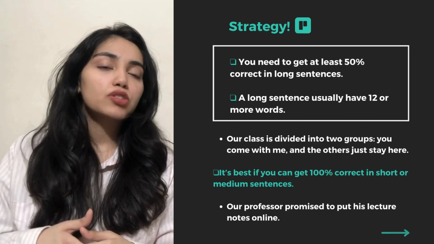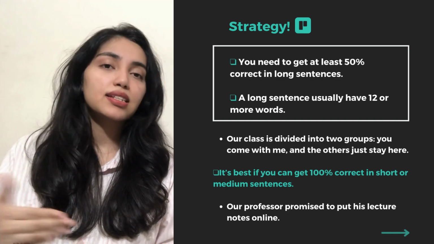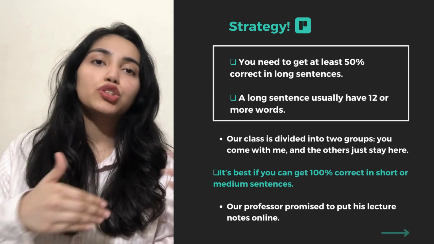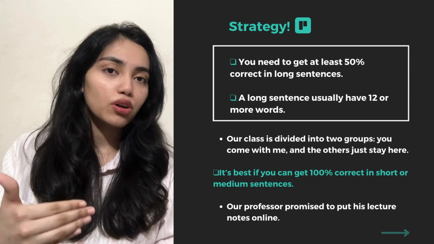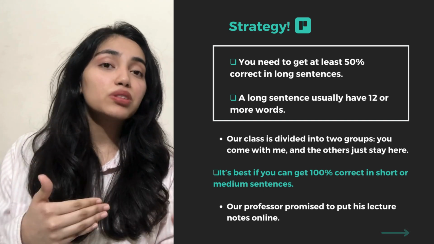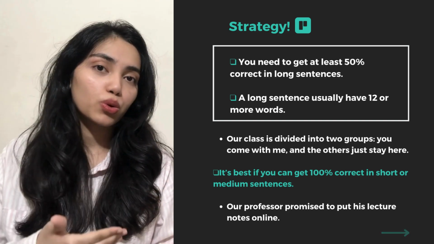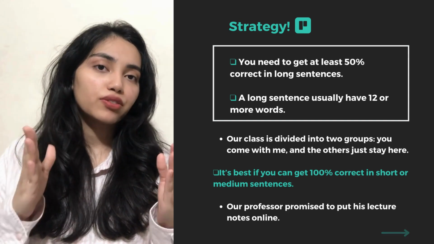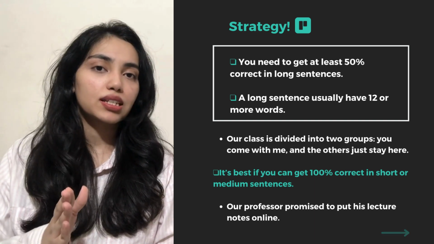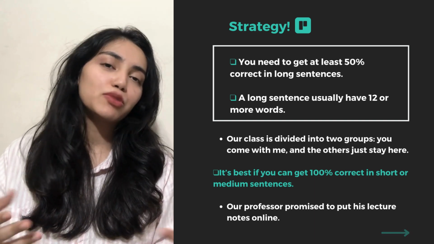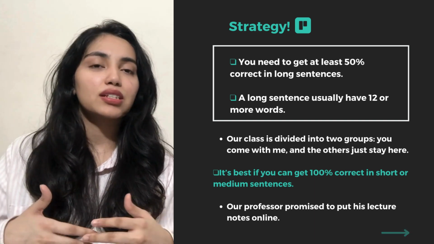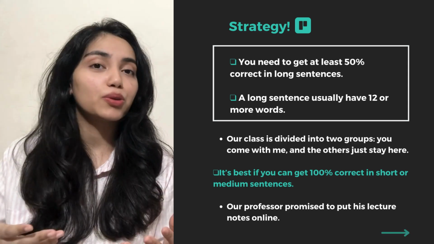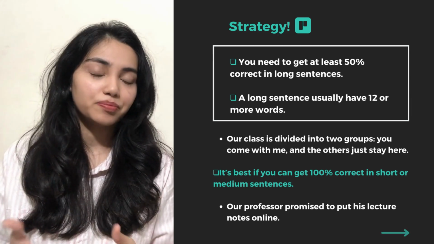Compared to that, if you try to say the entire long sentence and you forget some words in between, you hesitate a lot, you're not sure what's happening, you lose your confidence in between, that will result in a much lower score, which is why it's ideal that you try to speak half of the sentence when it comes to long sentences. Please don't try to aim to say more than that, because it really unnecessarily complicates the task, and we are going to try to avoid doing that.